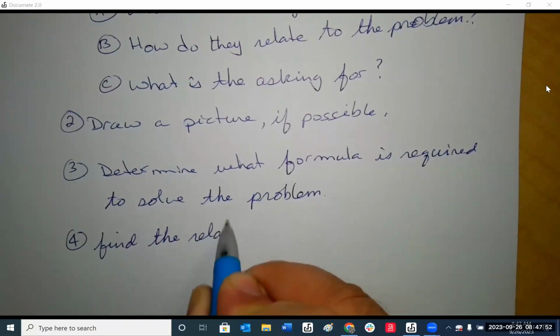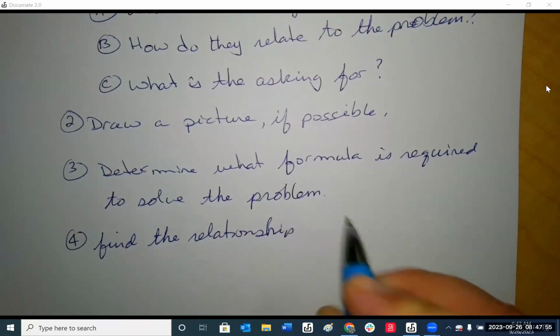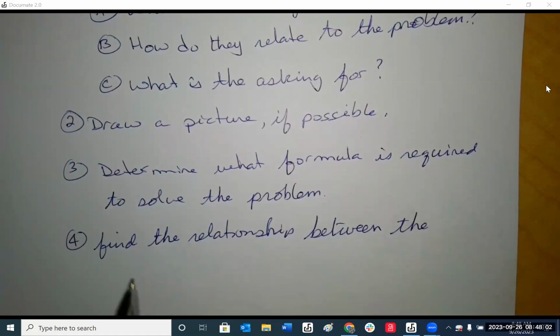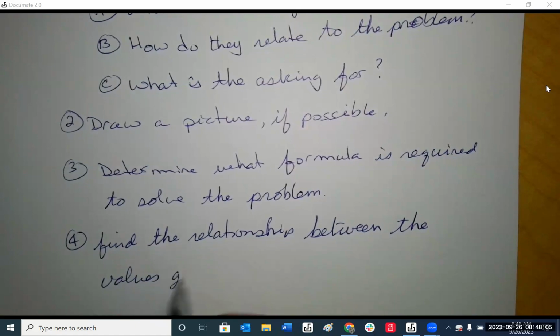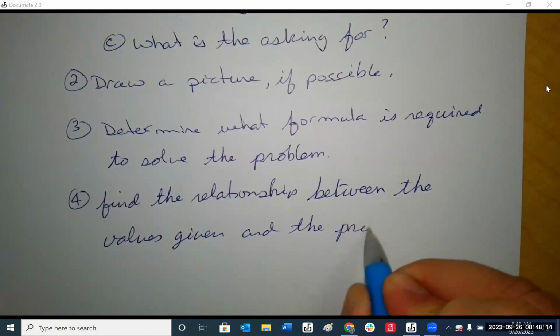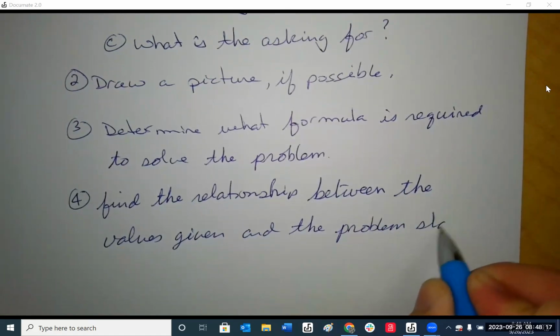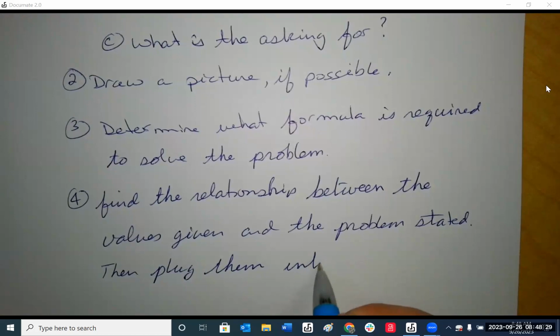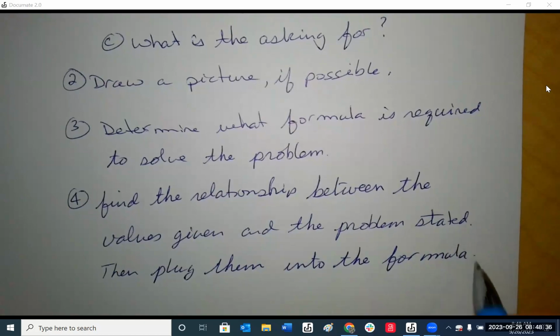Then find the relationship between the values given and the problem stated, then plug them into the formula and solve.